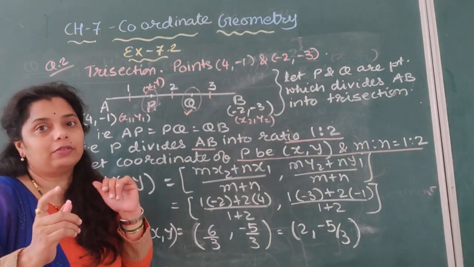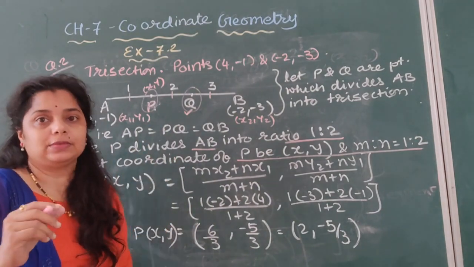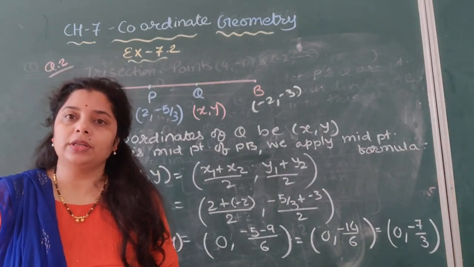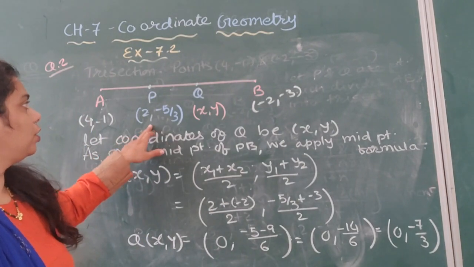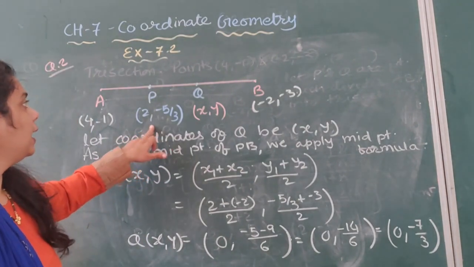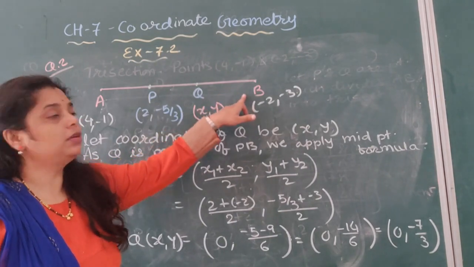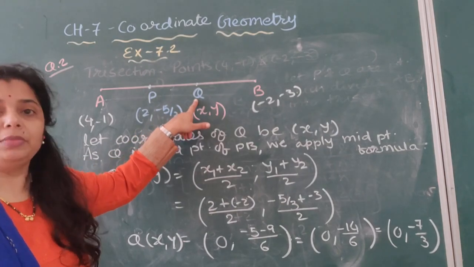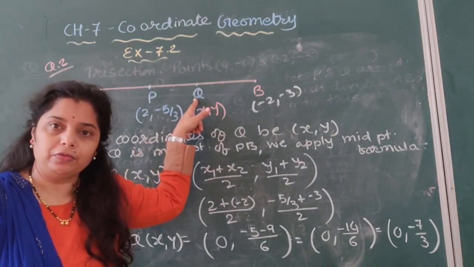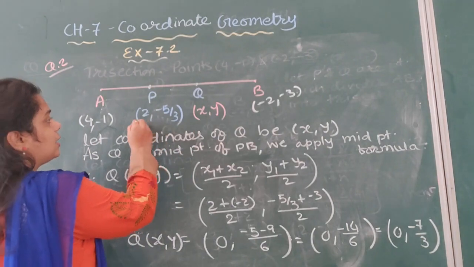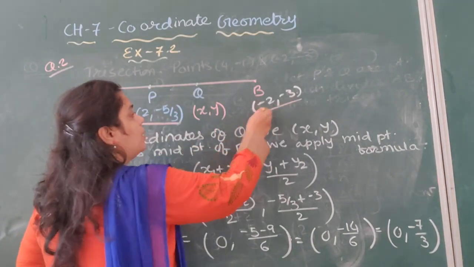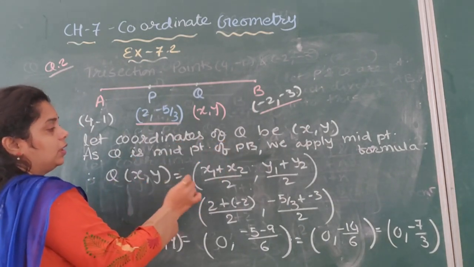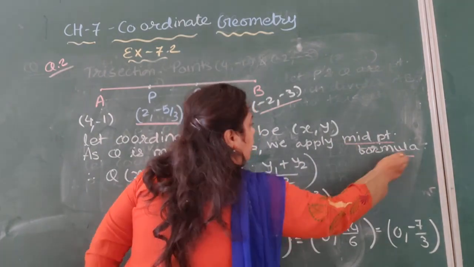Now let's see how to get the coordinates of point Q. As we already got the coordinates of point P, and as Q is exactly in between P and B, we can say that Q is exactly the midpoint, so we can apply the midpoint formula.